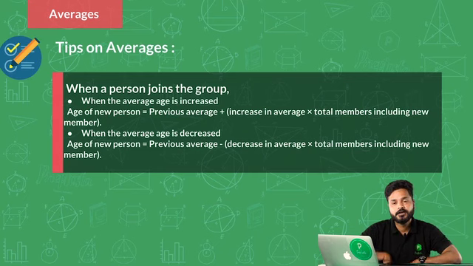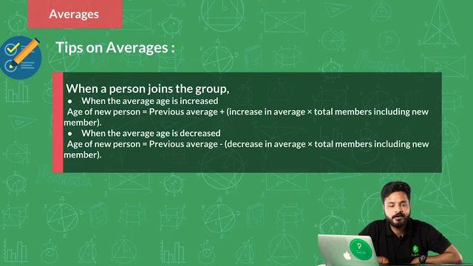Another important tip on averages: let's say a person joins the group, no one leaves the group, but one person joins. Let's say he joins the group and the average age is increased. In such a case, the age of the new person will be the previous average plus the increase in average due to the new person joining the group, times the total members including the new member. Let's say initially there were 10 members, so now the members will be 11.